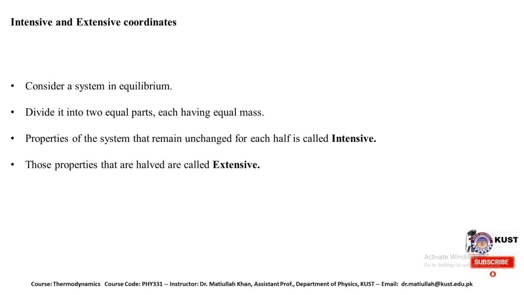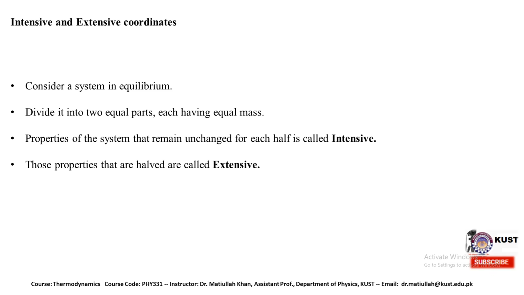For example, in the case of intensive coordinates, the temperature remains constant for both sections of the system in equilibrium, and even the pressure remains constant. So temperature and pressure are intensive coordinates.